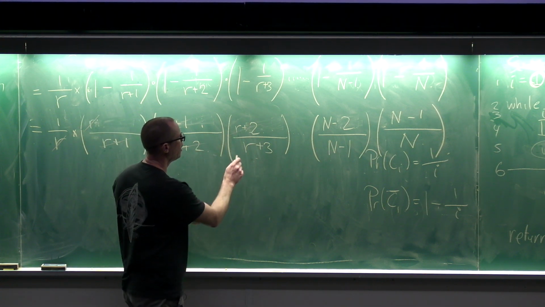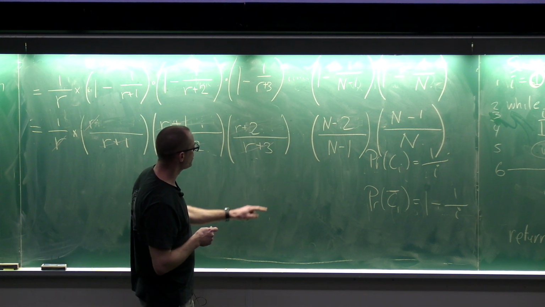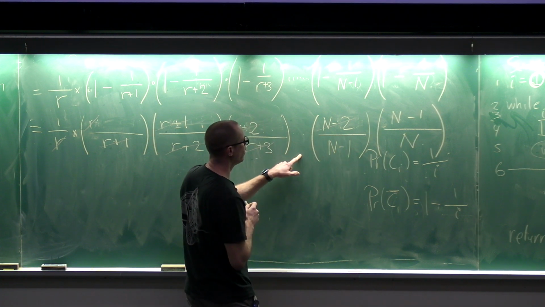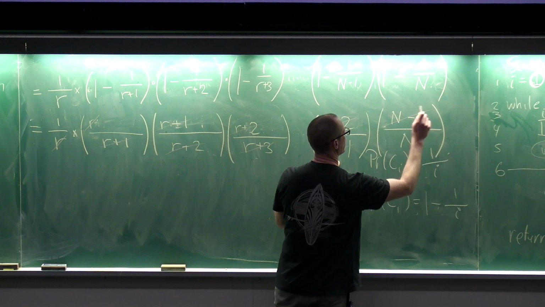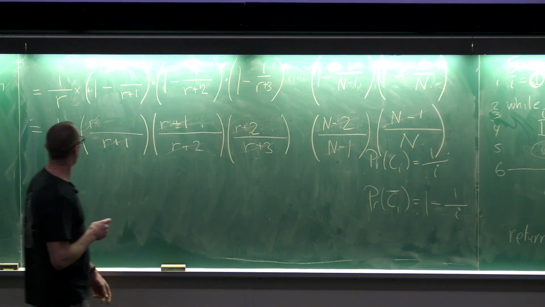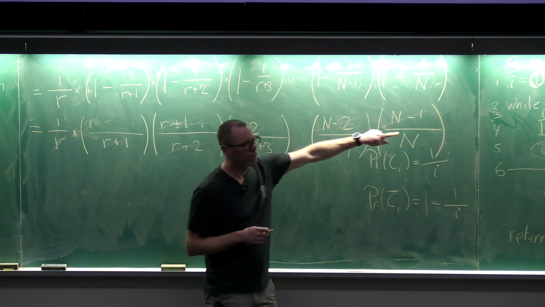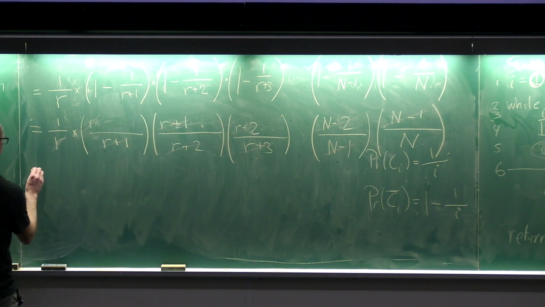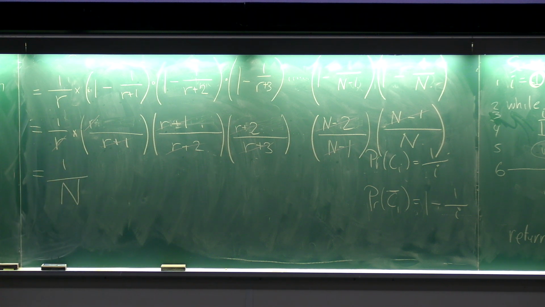R plus 3 will cancel out with the next one, all the way up to, there'll be something down here that cancels out the n minus 2. The n minus 1 down here is going to cancel the n minus 1 up here. What's left? We've got a 1 on top and an n on the bottom. Magic.